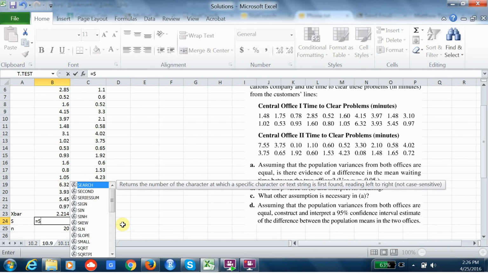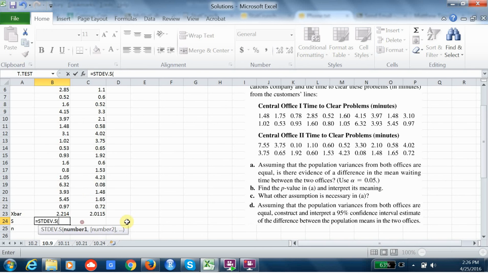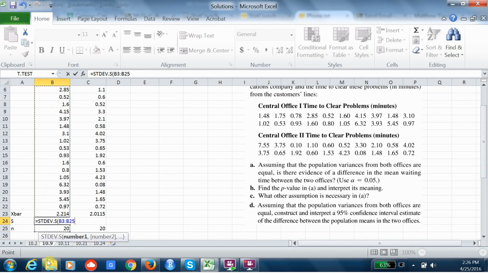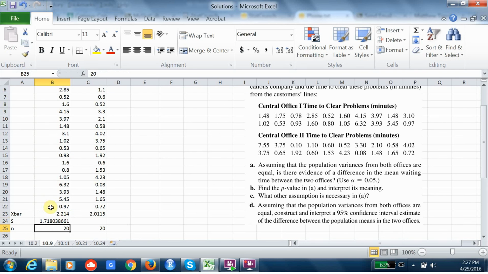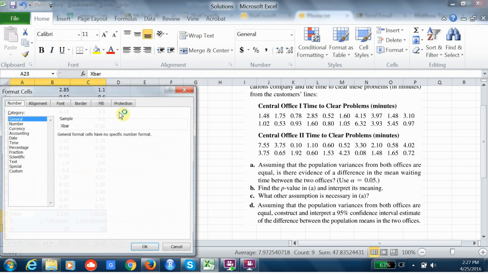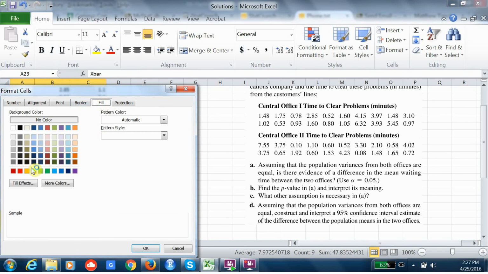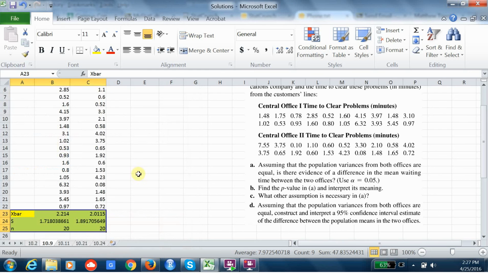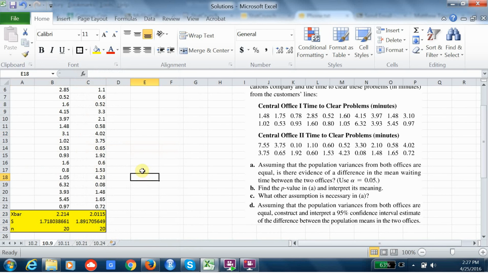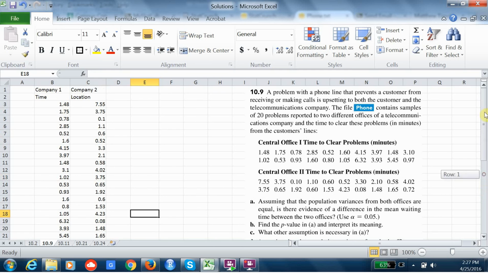And then we do sample standard deviation, and same thing. Then drag this over, and we'll just shade these in slightly differently. Okay, so there's our sample statistics.